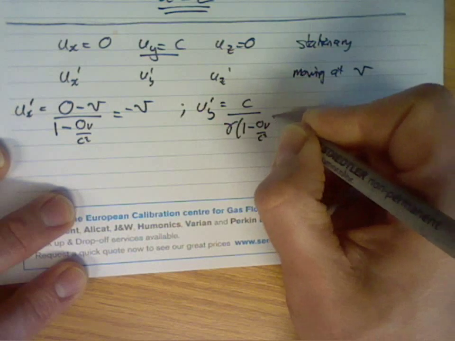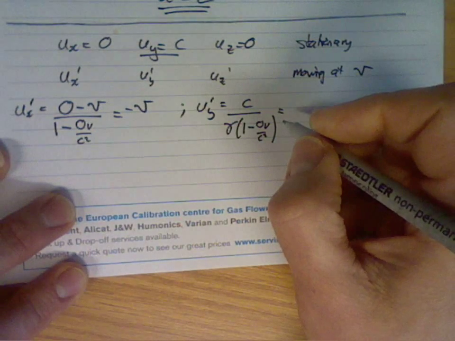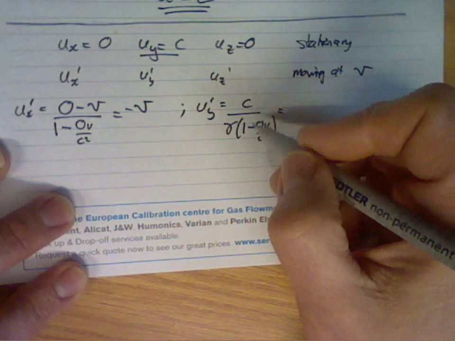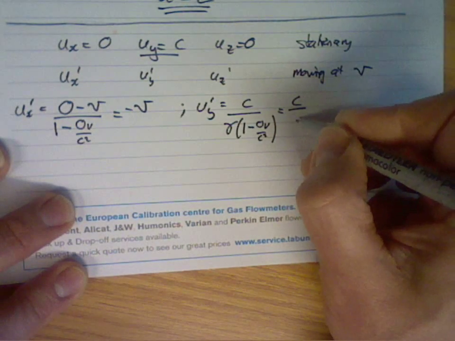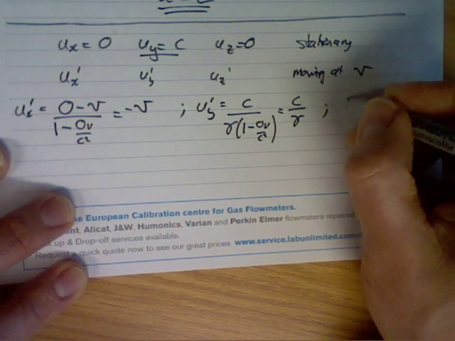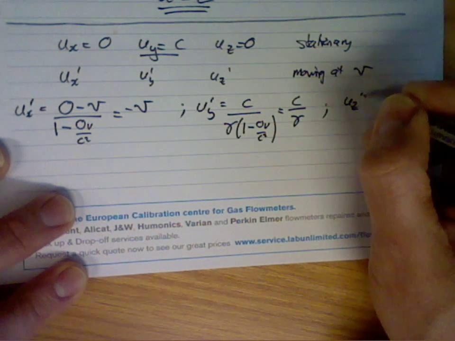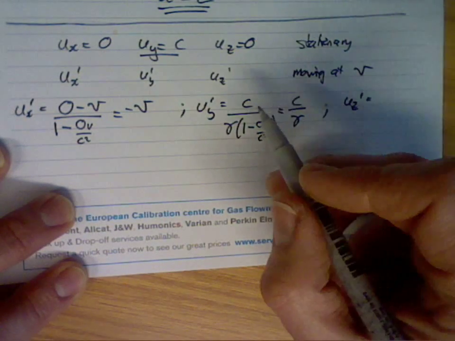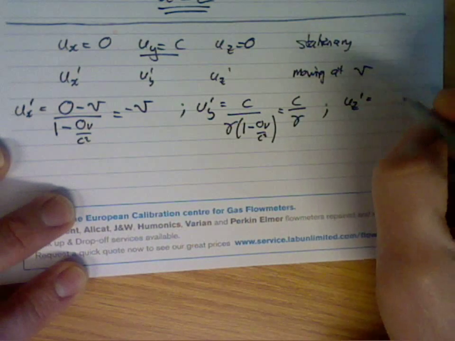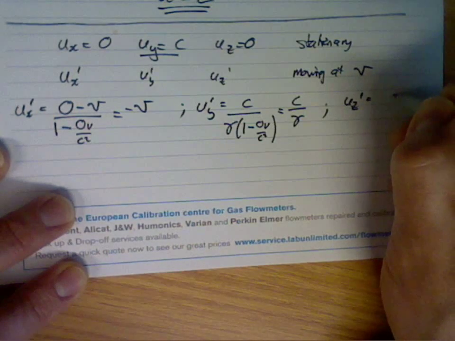So uy prime ends up being c divided by gamma. And finally, uz is simply 0, so uz prime is 0.